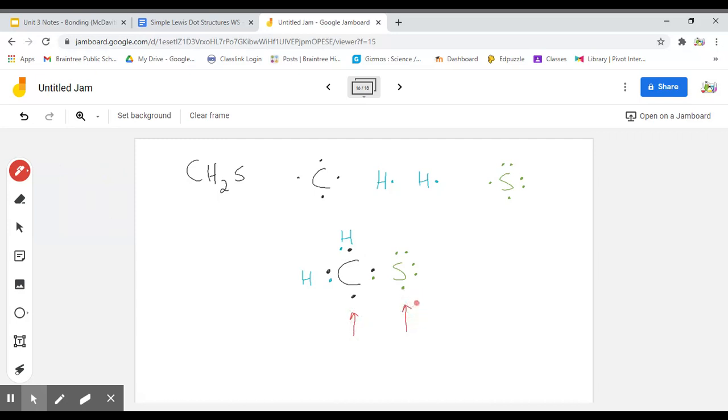Since there's just 1 unbonded electron on each, this is going to be a double bond situation. So if we just move each of these electrons into that bond between the carbon and the sulfur, we'll get this.